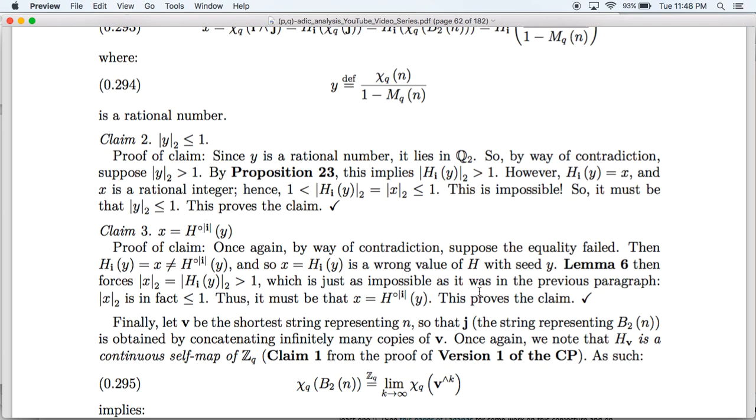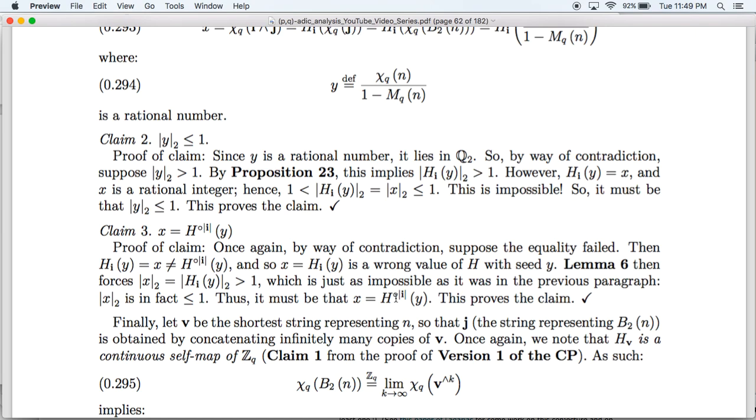But then lemma X.6 tells us that since x is a wrong value, it has to have q-adic absolute value greater than 1, but that's just as impossible as it was in the previous paragraph, because we know that x is in fact a q-adic integer because it's a rational integer. So it has to be that x is equal to the image of y under length I applications of h.